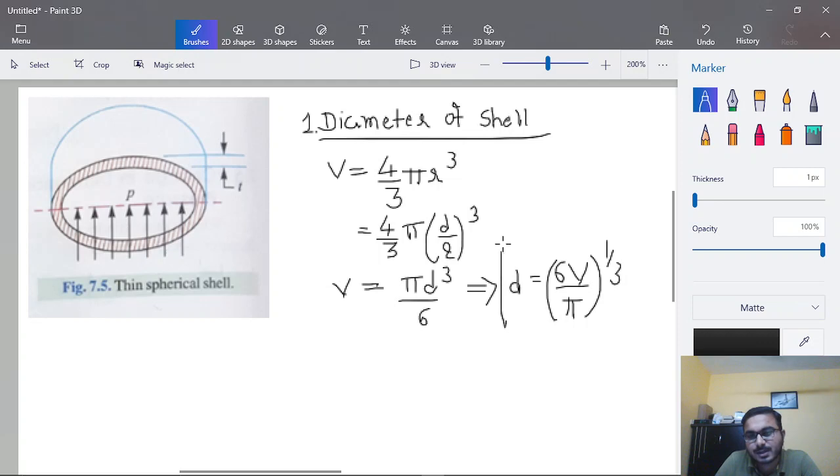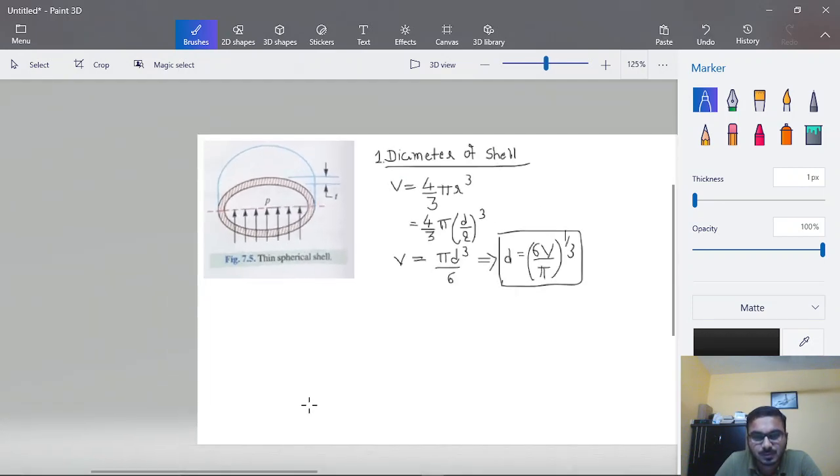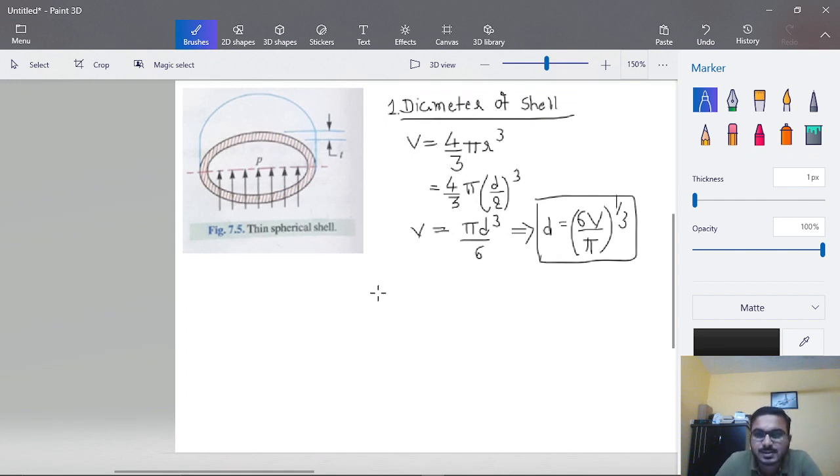So this is the diameter that we have obtained. Now we will focus on the thickness of the shell.